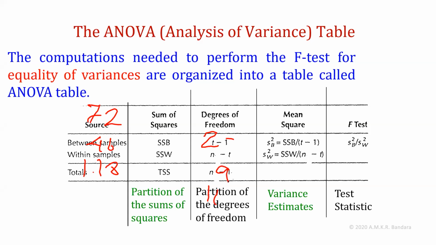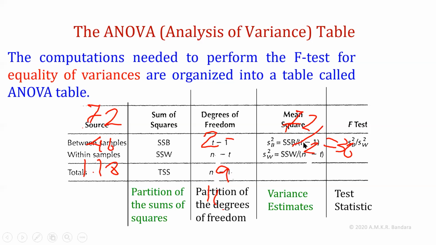Then mean sums of square. Between sums of square divided by their degrees of freedom, within sums of square divided by their degrees of freedom. Here, 72 divided by 2 equals 36.